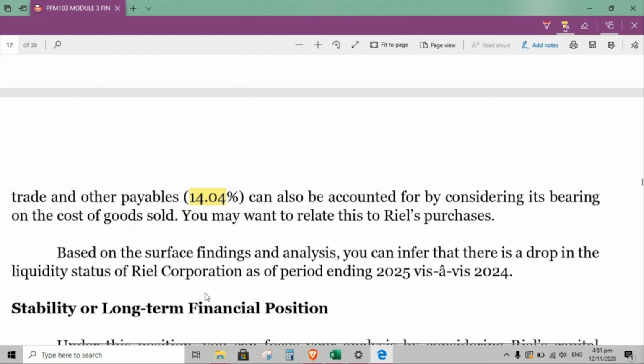So based on the surface findings and analysis, you can infer that there's a drop in the liquidity status of real corporations as of period ending December 2021. So, ang pinaka-implication natin ay mayroong drop in liquidity status. Meaning to say, pag hindi liquid enough yung company, syempre wala masyadong cash, hindi siya masyadong makakagalaw. Ganun kasi yun.